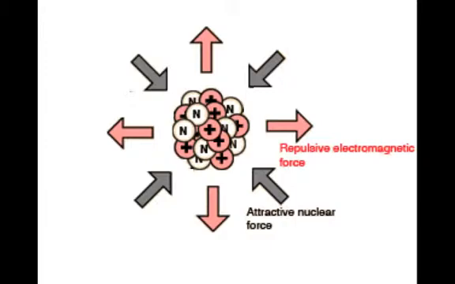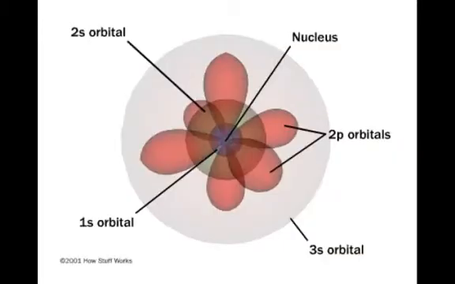And so you can see these gray arrows pointing towards the center. Those are representing the nuclear strong force. And once you get the right combination of protons and neutrons in there, you get the strong force which holds the protons in the center of the nucleus.